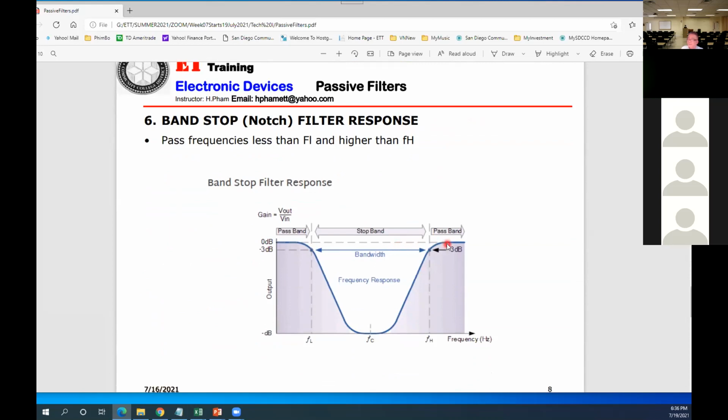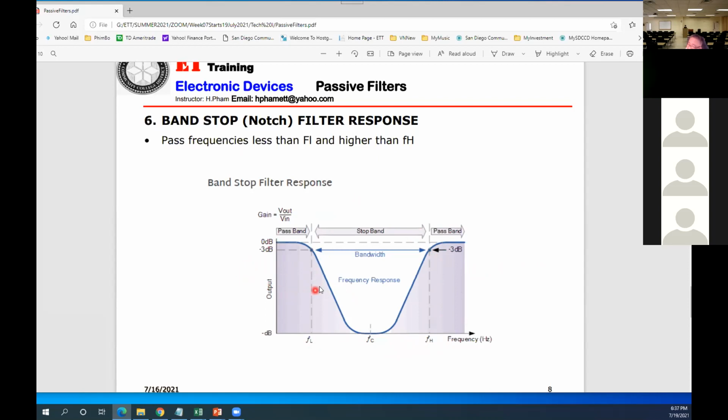And the last one, band stop or notch filter. They are basically the opposite of the band pass filter. They also have two cutoffs, F low and F high. Okay? They allow any signal higher than F high or lower than F low to pass.